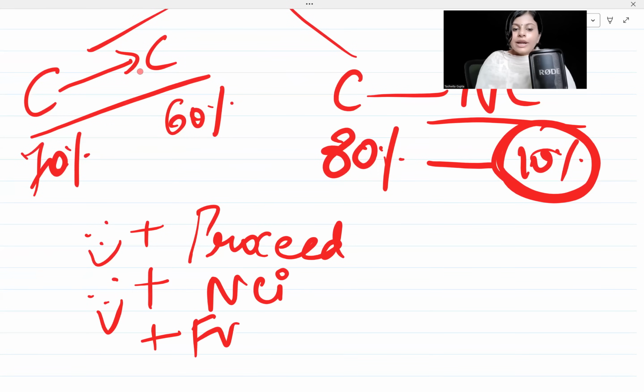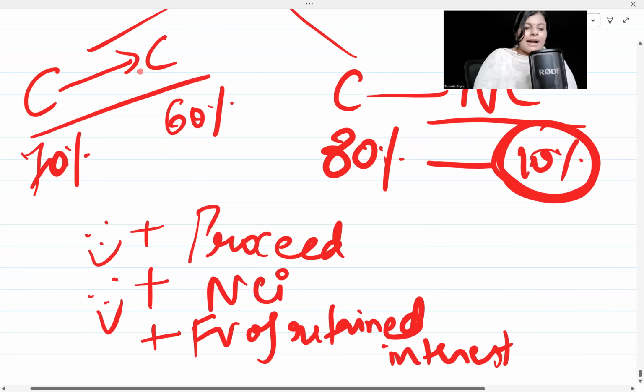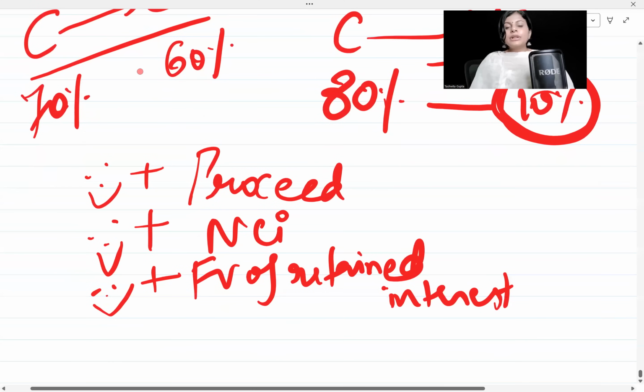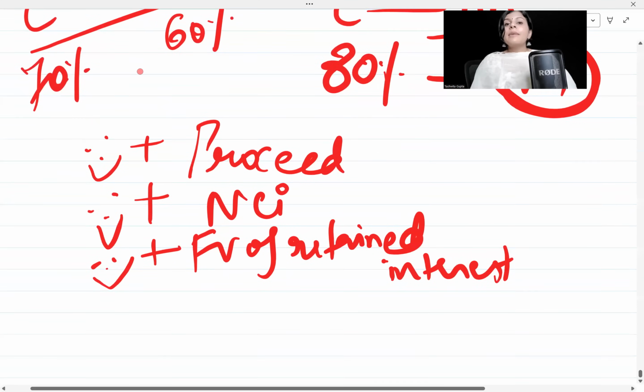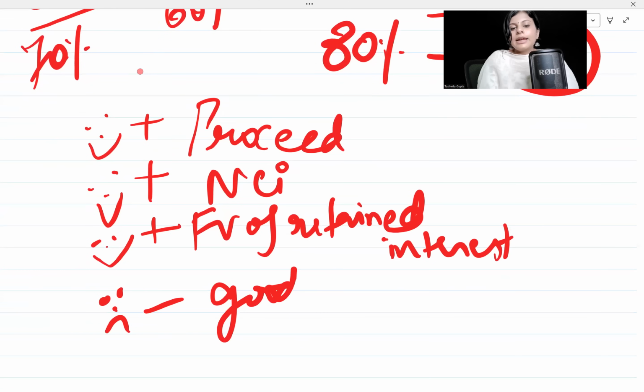Now that subsidiary that you're selling off, you still have this 10%. So what is the fair value of retained interest? You're still happy with it. You're still talking even after the breakup, so you're happy about that maybe. Fair value of retained interest, we are going to add this. So this is going to give me total things which I'm happy about. Now, what all am I sad about? Subsidiary is going out. So the goodwill is going out. I'm sad about that goodwill, right?